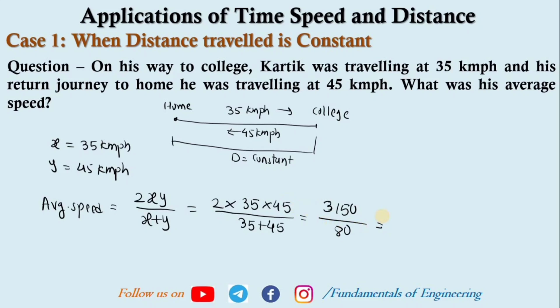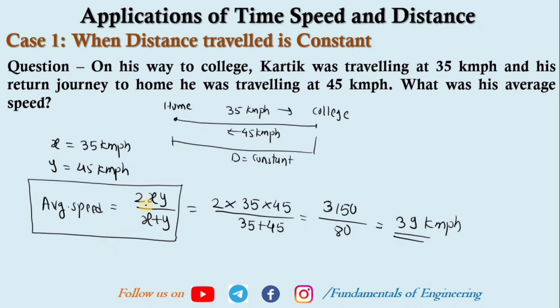So 3150 divided by 80, we get an average speed of about 39 km per hour. So when the distance is constant, we use the average speed formula 2xy upon x plus y, where x is speed 1 and y is speed 2.